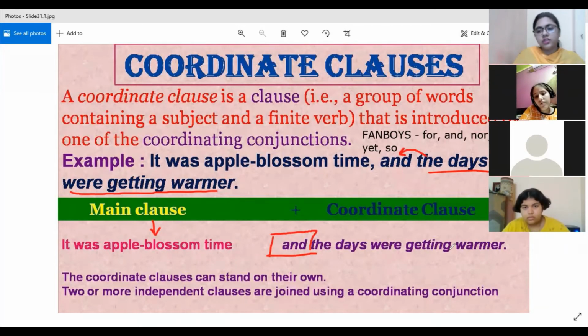Subordinating conjunctions join a main clause to a subordinate clause, but in a coordinate clause you will find both the clauses are main clauses. So the coordinating conjunctions are used to join two clauses of equal rank. By equal rank I mean that both of them will be main clauses, independent clauses or principal clauses.